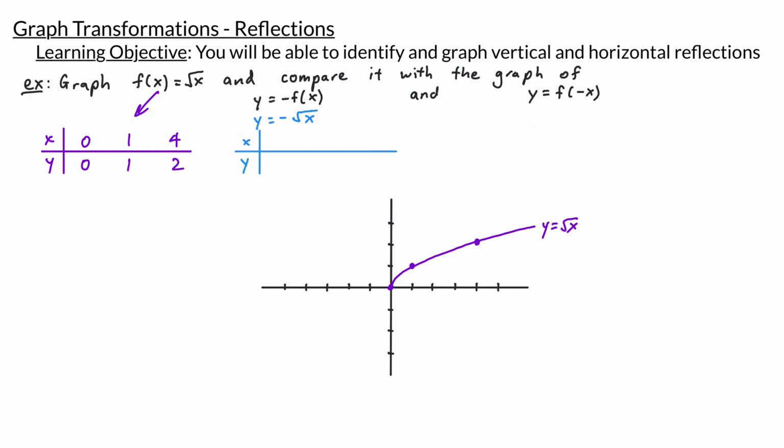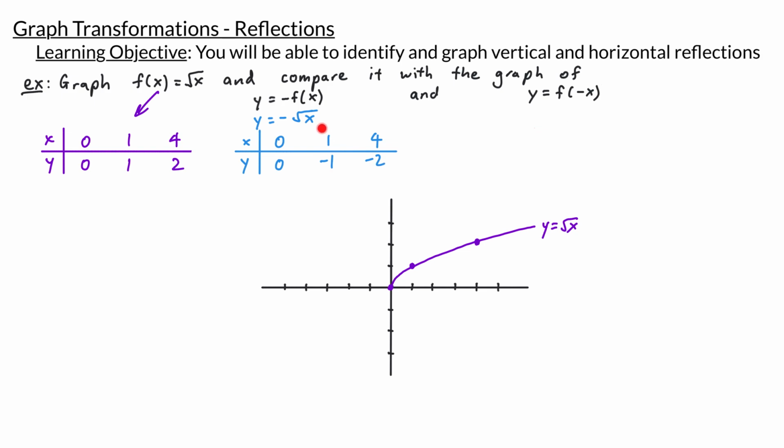And again, we'll use the x values 0, 1, and 4 because I know that the corresponding y values will be nice whole numbers. If we plug in 0, negative square root of 0 is still 0. If we plug in x equals 1, negative square root of 1 would be -1. And if we plug in x equals 4, negative square root of 4 would be -2.